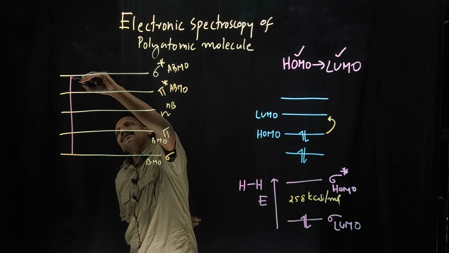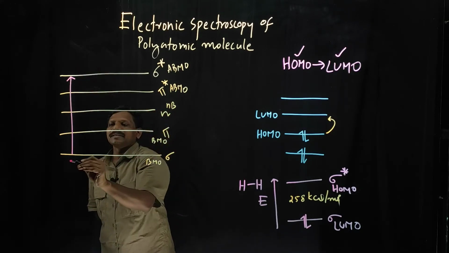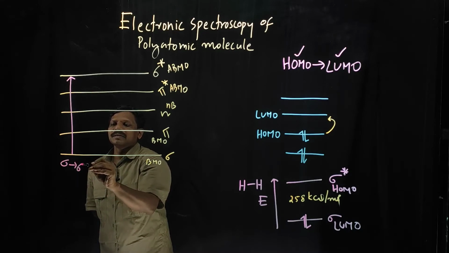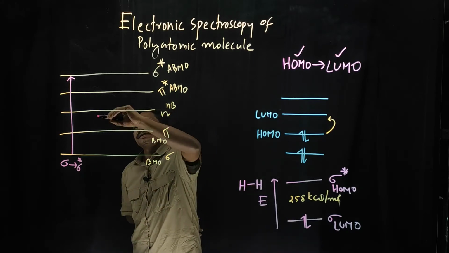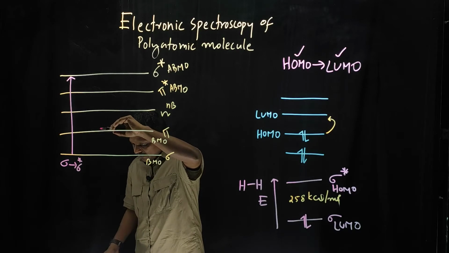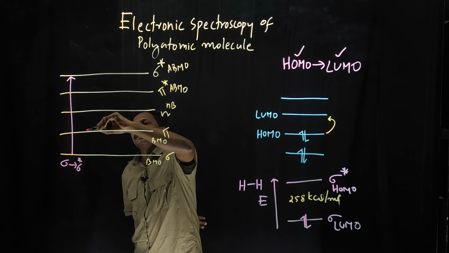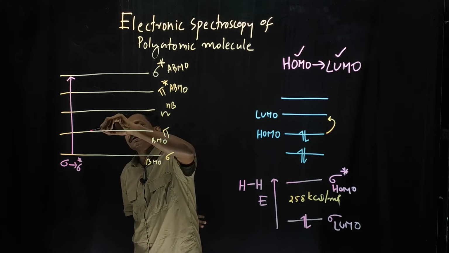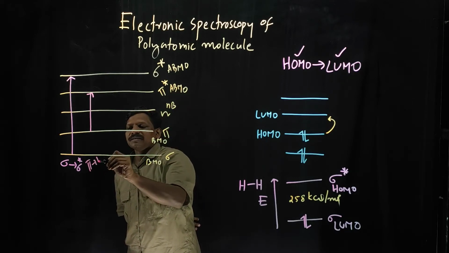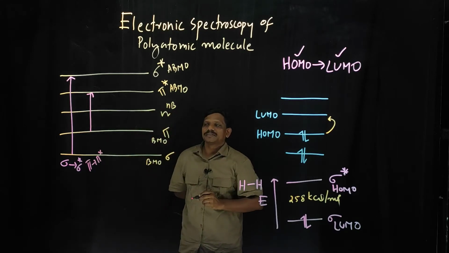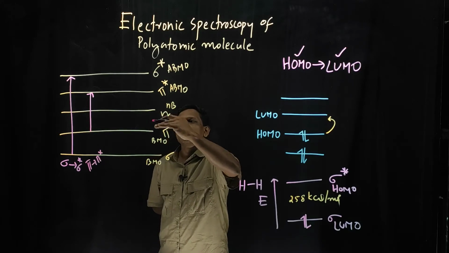The first one is called the sigma to sigma star transition. The other one you can draw is the pi to pi star transition. Transition normally takes place from HOMO to LUMO.